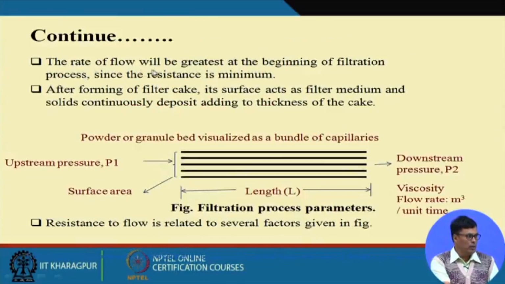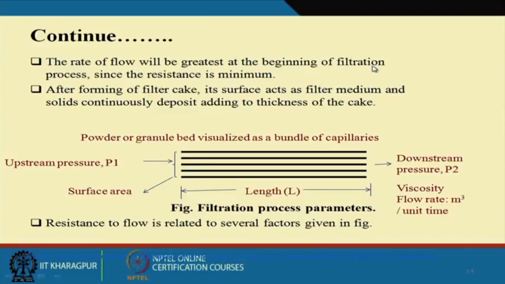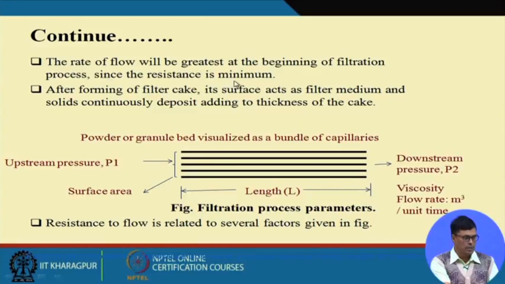The rate of flow will be the greatest at the beginning of the filtration process, since the resistance is minimum. After forming the filter cake, its surface acts as a filter media, and solid is continuously deposited, adding to the thickness of the cake. The resistance is related to several factors given in the figure.